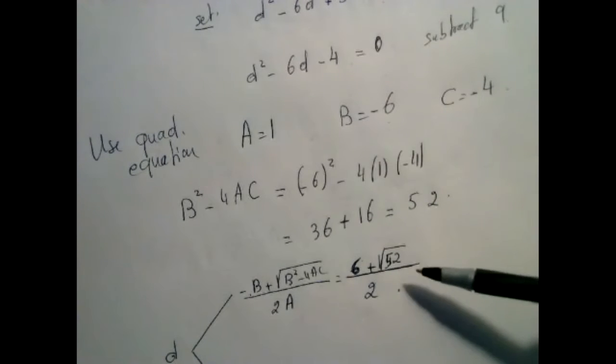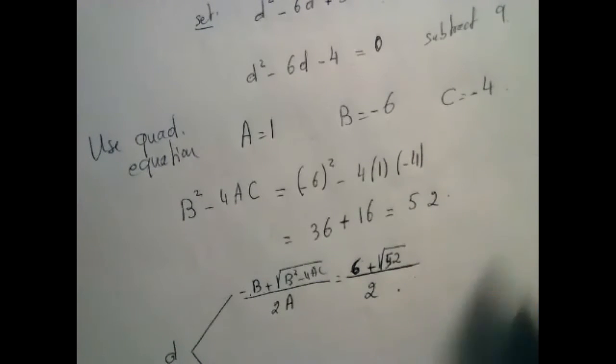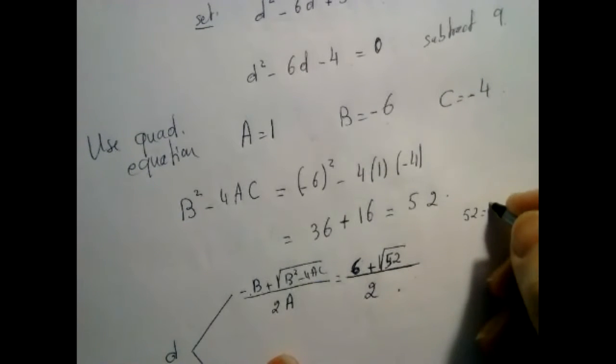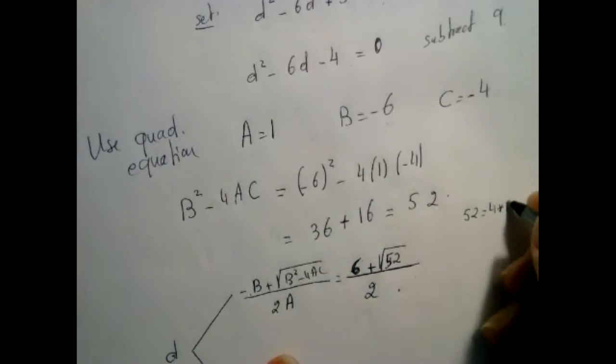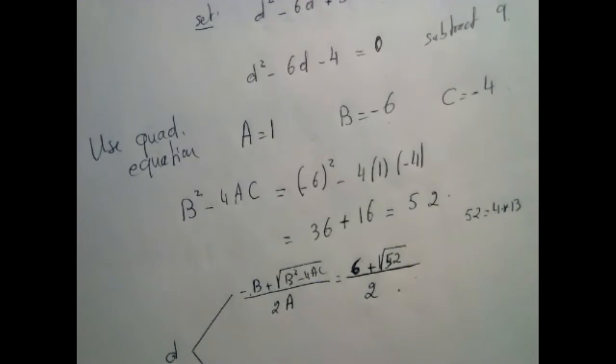Now, let's see if I can simplify this a little bit. If I can't, I will just estimate it using a calculator. Now, 52, I can write it as probably 4 times 13. Am I right? 4 times 3, 12. Yeah, it's 4 times 13.